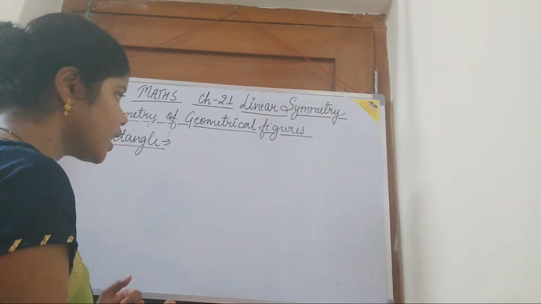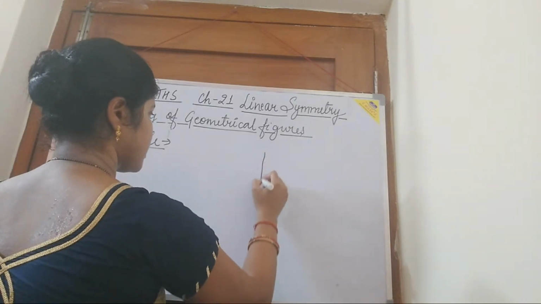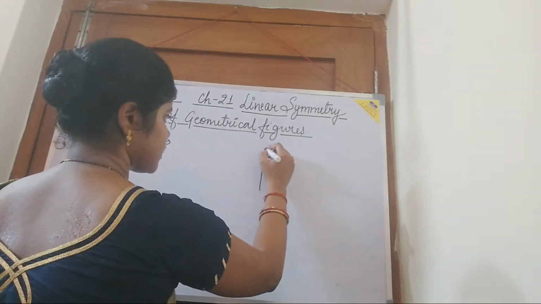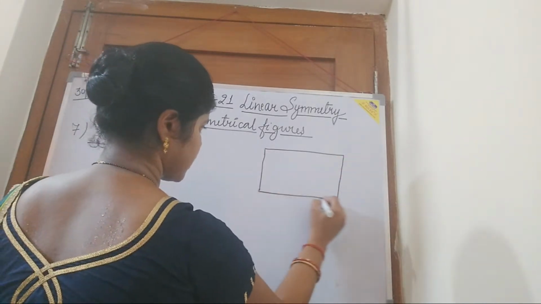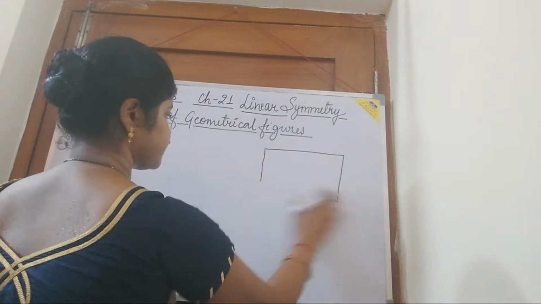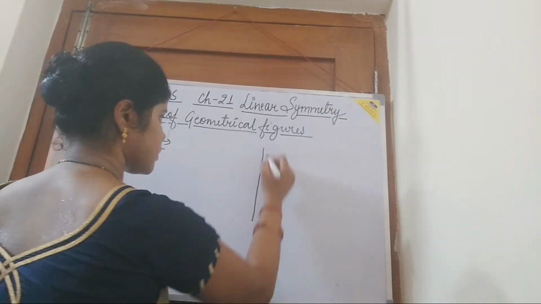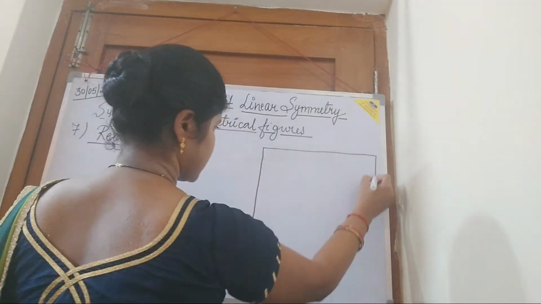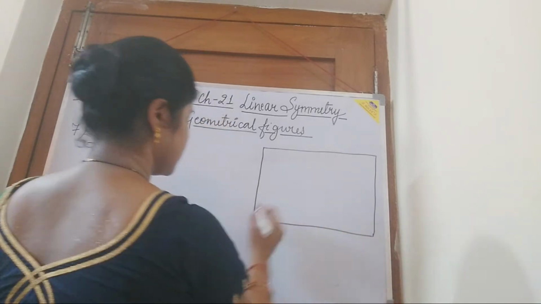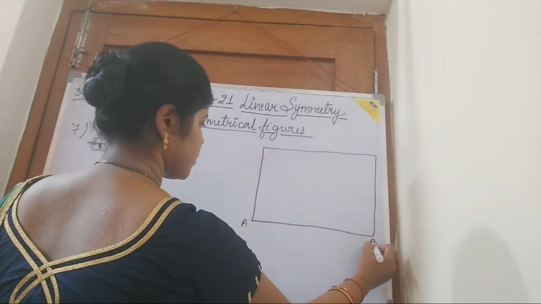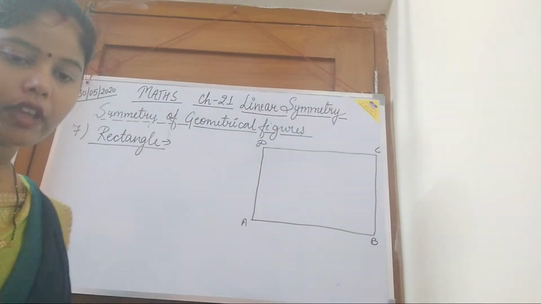How many sides are there in a rectangle? 4 sides, where opposite sides are equal. So how many lines of symmetry do we have?